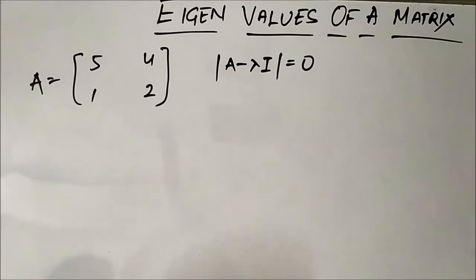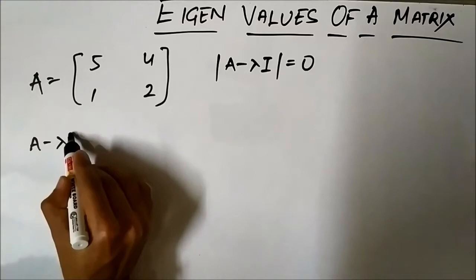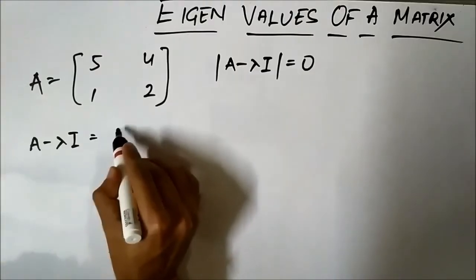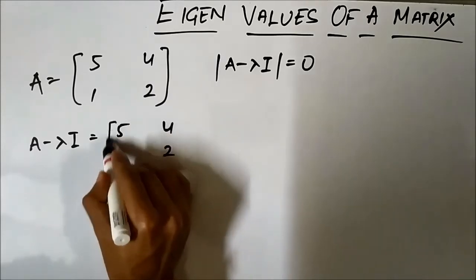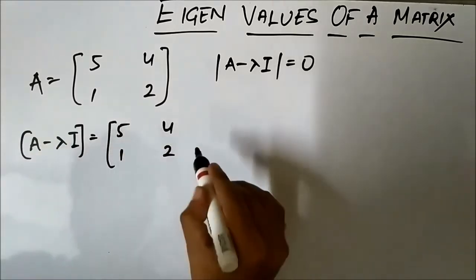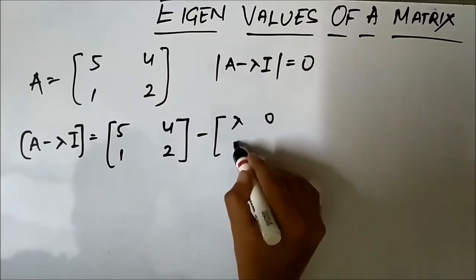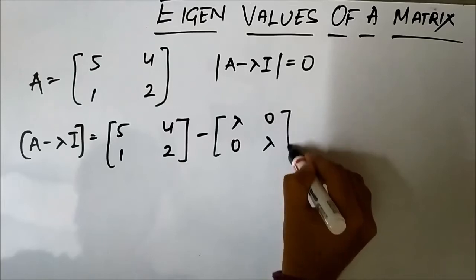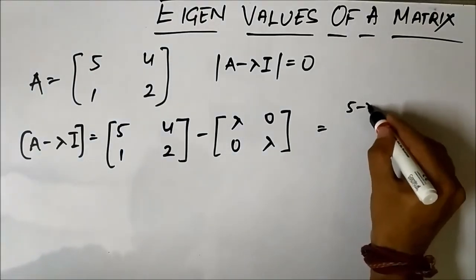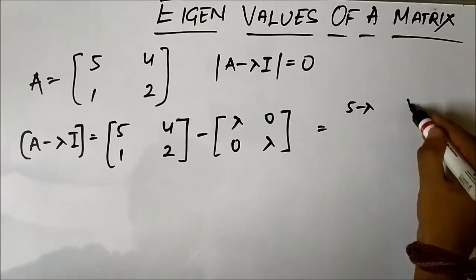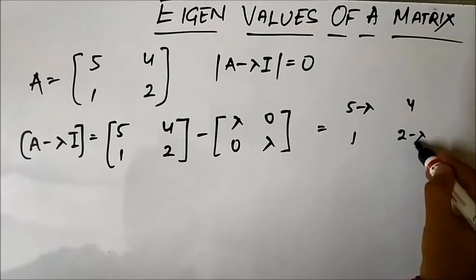So A minus lambda I matrix, first we have to determine that, which is nothing but 5, 4, 1, 2 minus lambda, 0, 0, lambda. This is 5 minus lambda, this is 4, this is 1, this is 2 minus lambda.